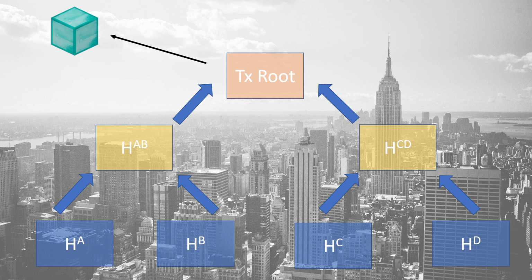Same way HCD will be done, and then HAB and HCD come together and create a hash, and that will be the TX root. So the more data, the more hashes will be calculated and combined together to create a TX root. And then the TX root will be stored inside the block.